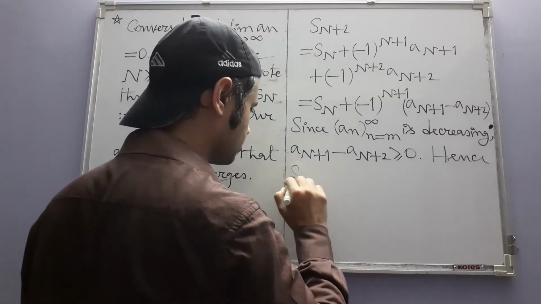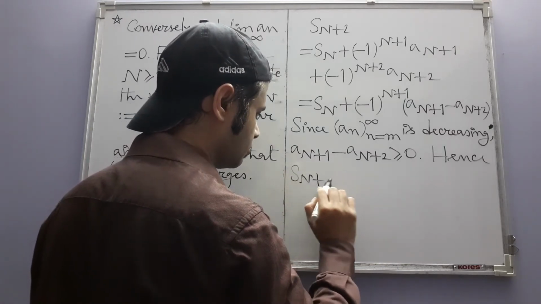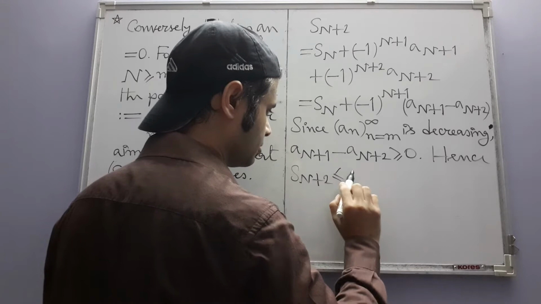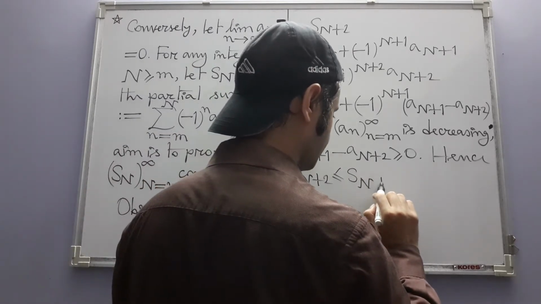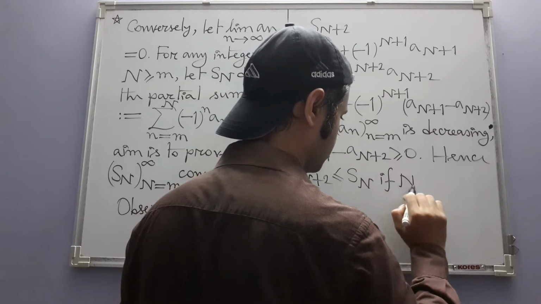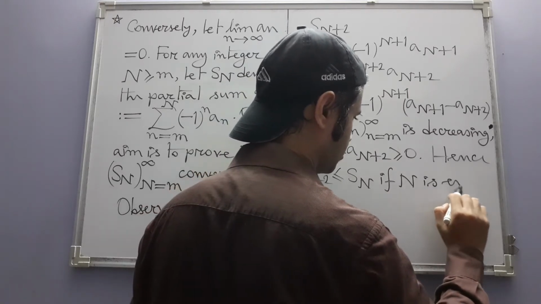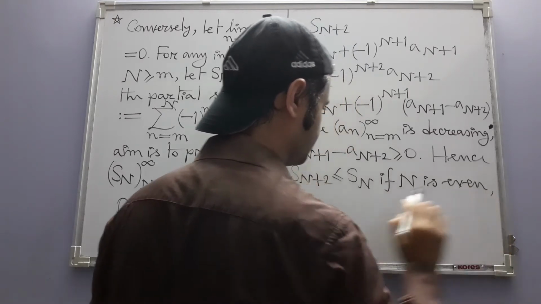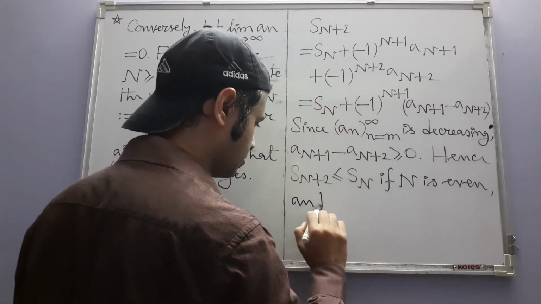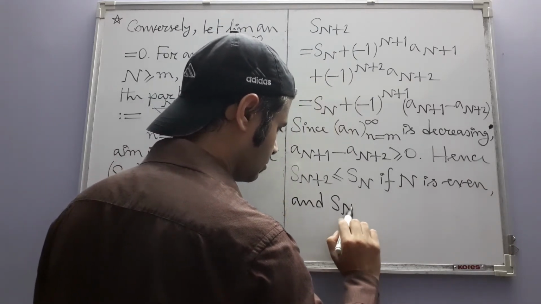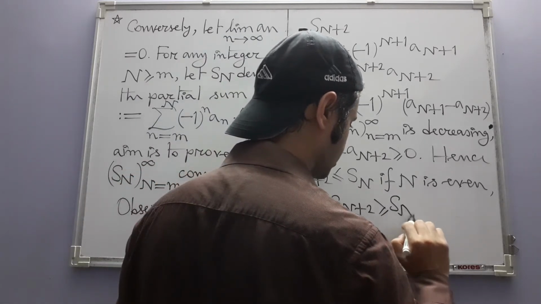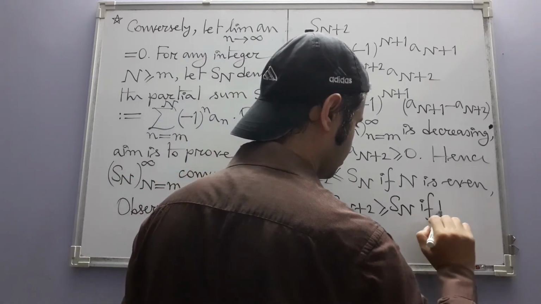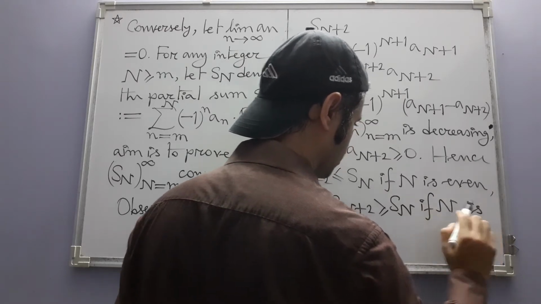Hence, Sn plus 2 is less than or equal to Sn if n is even, and Sn plus 2 is greater than or equal to Sn if n is odd.